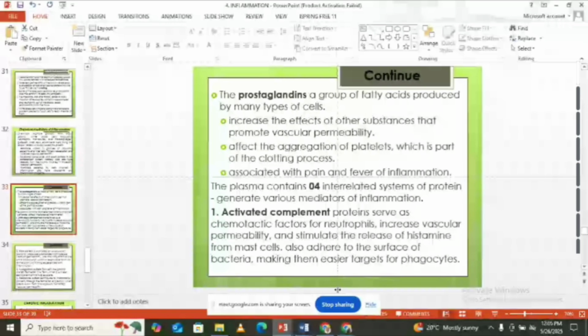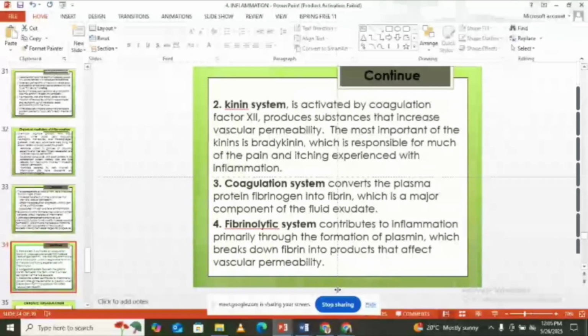Usually now they use those four interrelated systems. The activated complement proteins, which serve as chemotactic factors for the neutrophils. You have the kinin system, usually activated by coagulation factor 12, which produces substances that increase permeability. Coagulation system, which converts the plasma protein fibrinogen into fibrin.